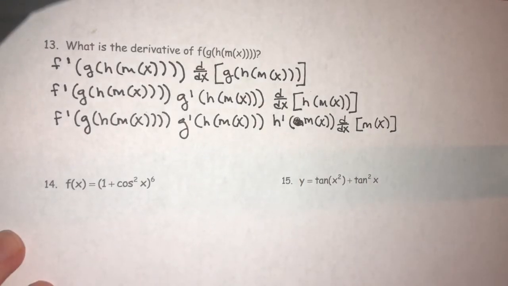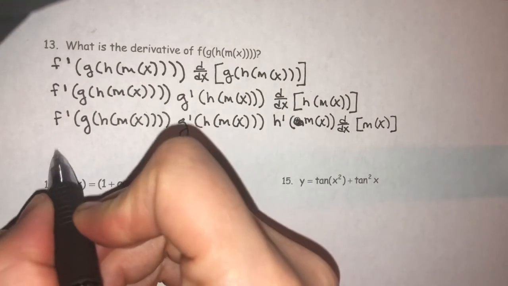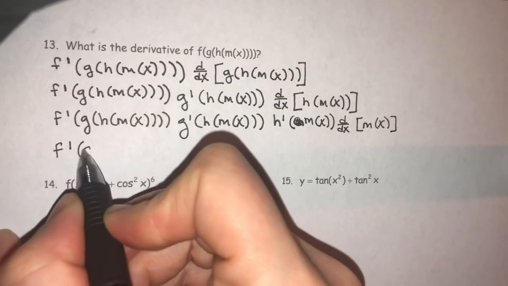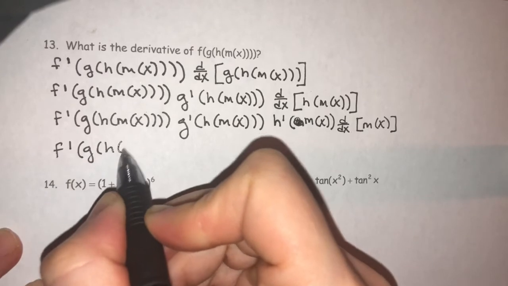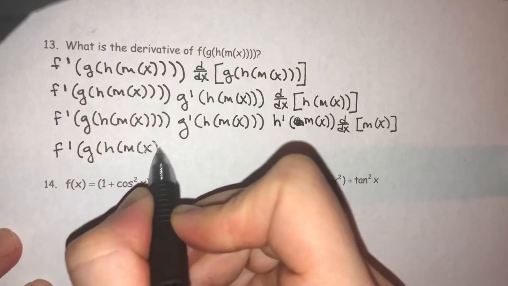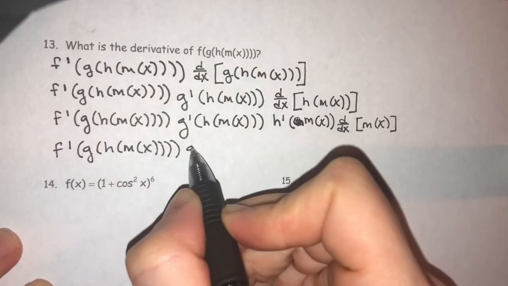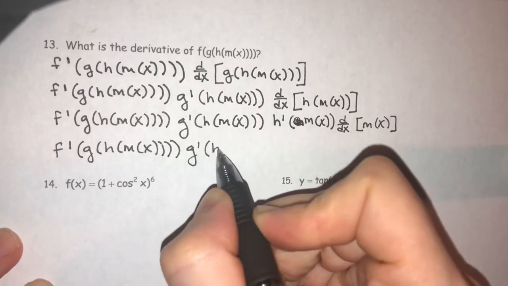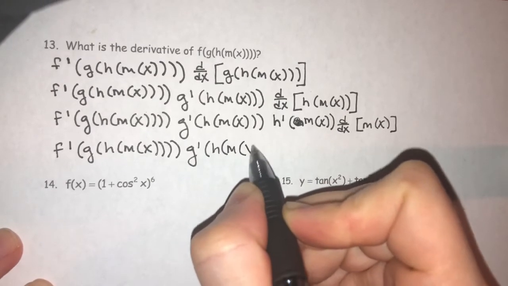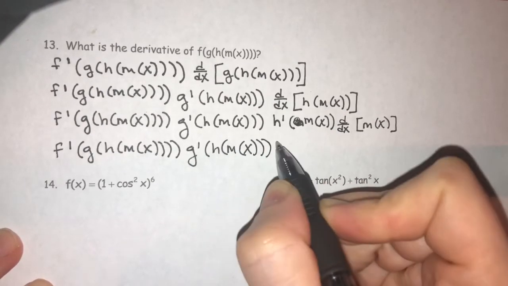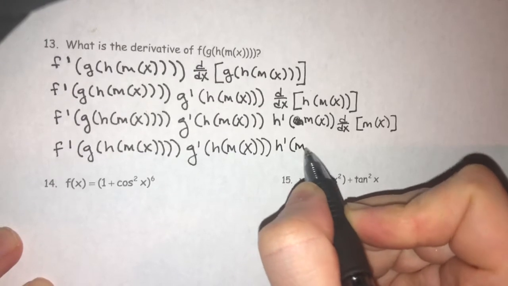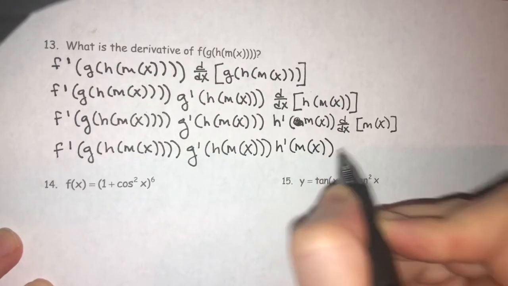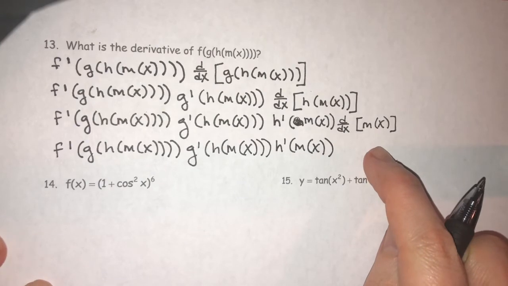Now, we copy everything that's in front. And now all that's left inside is m of x.